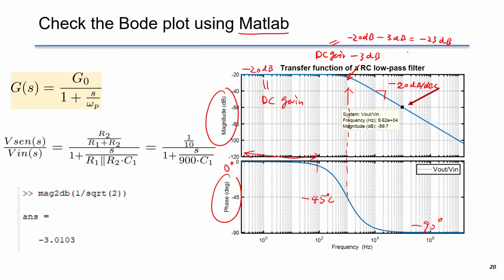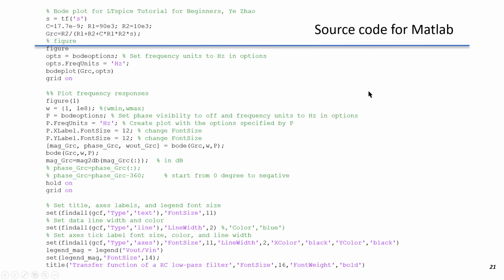In this case, we found the frequency equals our pole location, which is about 1 kilohertz. This is the source code for Matlab.